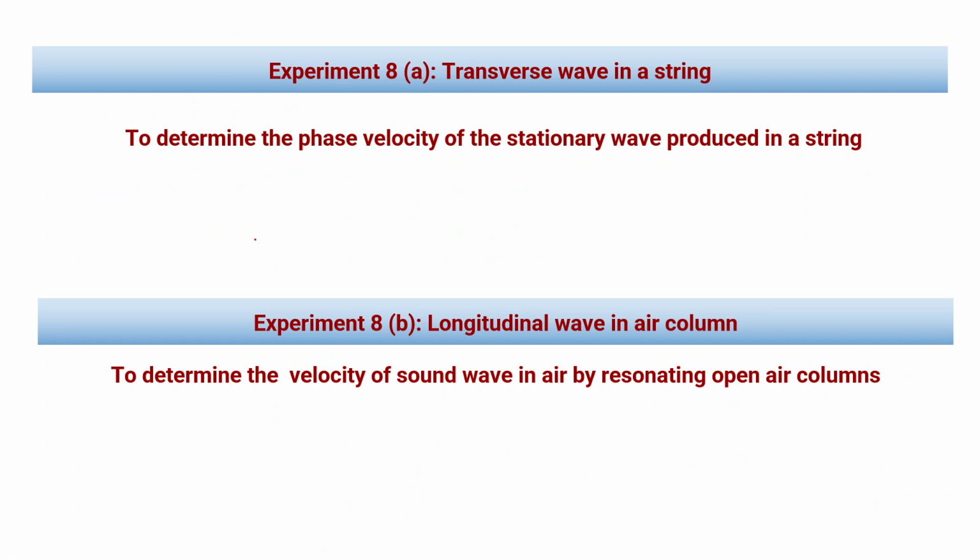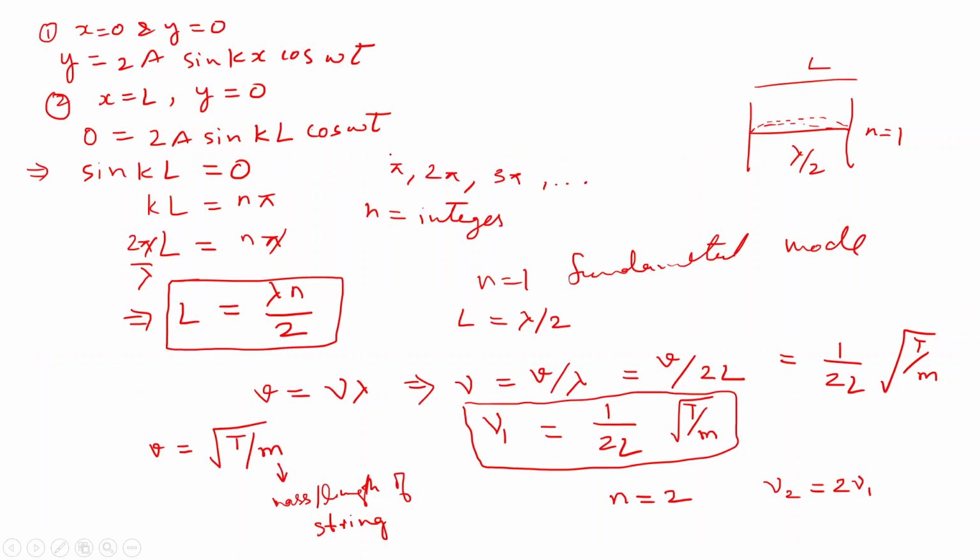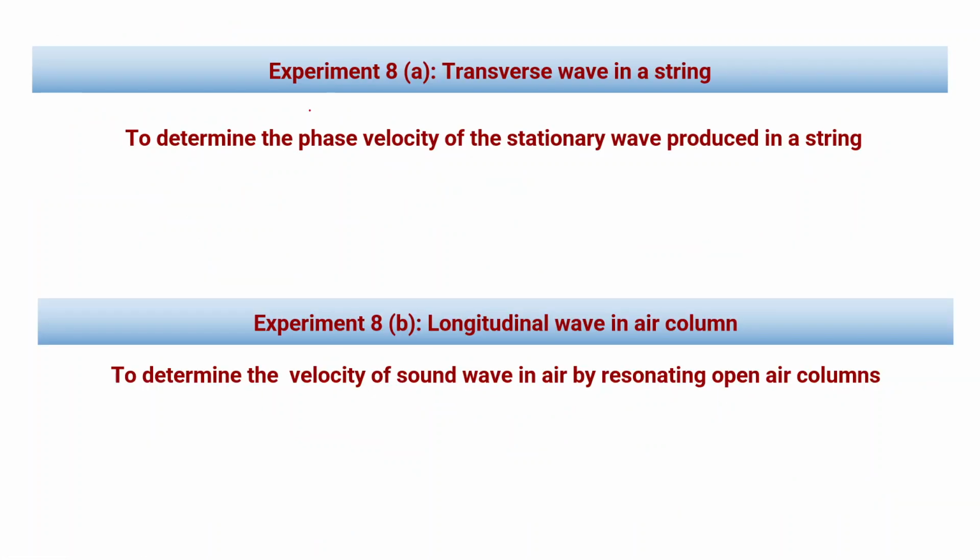Now the experiments, again for the experiments you should refer to the videos, but what we were trying to find out was to determine the phase velocity. So the experiment is to determine the phase velocity of a stationary wave produced in a string.